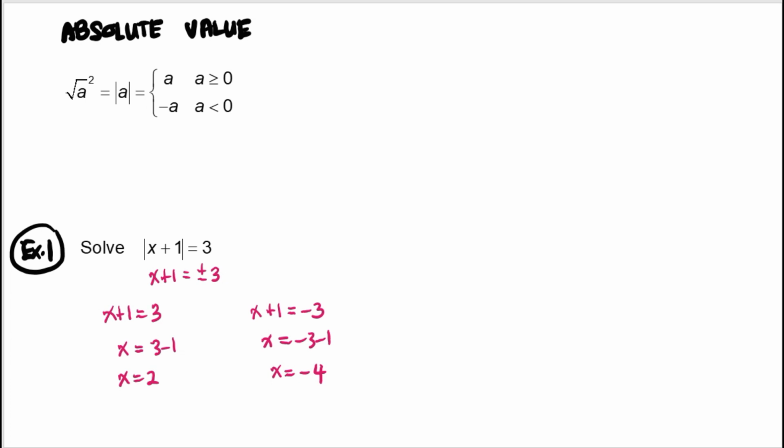So we have two answers here. To illustrate what this absolute value means, if we substitute 2, then 2 plus 1 is 3. If we substitute negative 4, then negative 4 plus 1 is negative 3, but because it is modulus, the modulus of negative 3 is 3. So we have these two answers: either x equals 2 or x equals negative 4.